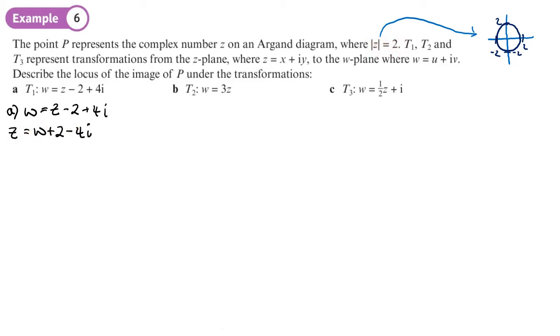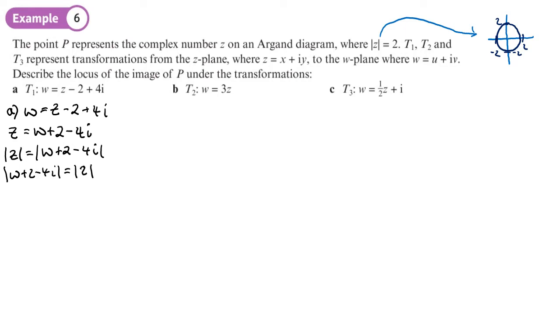So we just do the modulus of both sides. So you've got the modulus of z equals the modulus of w plus 2 minus 4i. Then we can substitute this modulus of z for 2. And actually I'll just flip this around. So you've got the modulus of w plus 2 minus 4i equals 2.